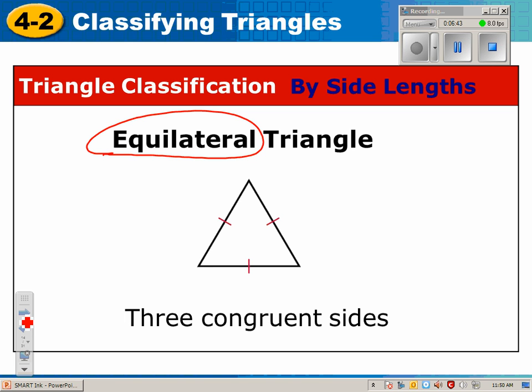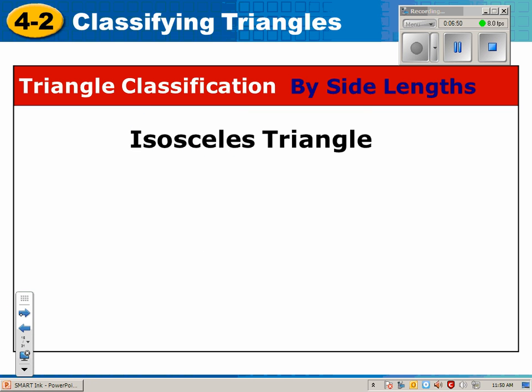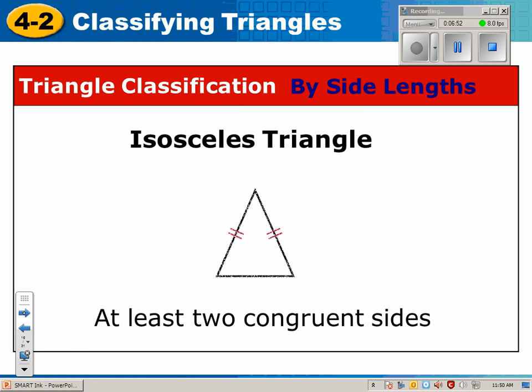If it only has 2 sides congruent, what's it going to be? Isosceles. That's the next one. In middle school, you probably learned it as isosceles has 2 congruent sides. In geometry, I'm going to emphasize it actually is at least 2 congruent sides.